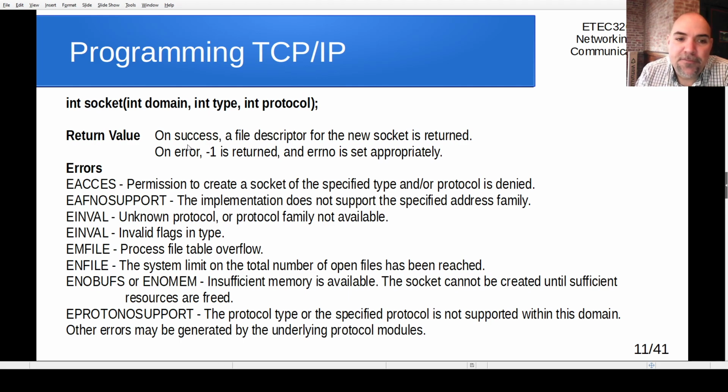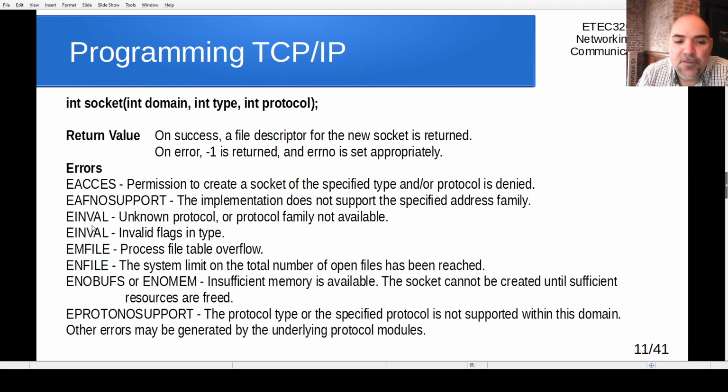But notice that if it fails to open a socket for some reason, it returns -1. So when we try to open a socket, we should check that return value. If there is an error, there are a number of possible reasons for it. Some of the common ones I've listed here. For example, if you try to open a TCP/IP connection, sock_stream with AF_INET, on a machine that doesn't have a network card in it, you're going to get an error that the implementation does not support the specified address family.